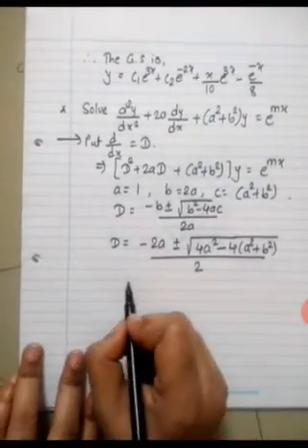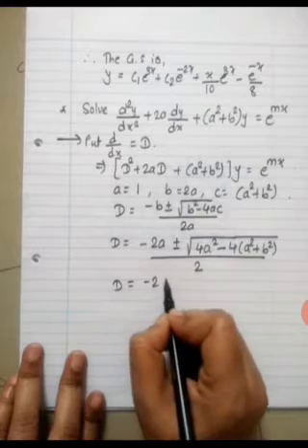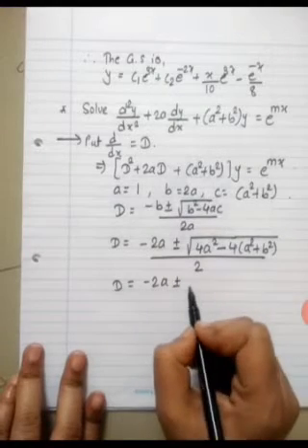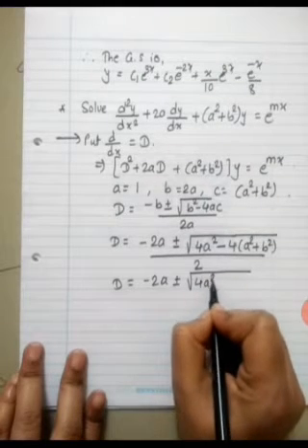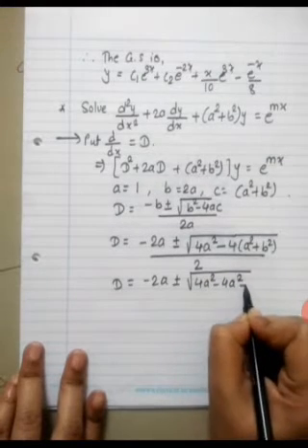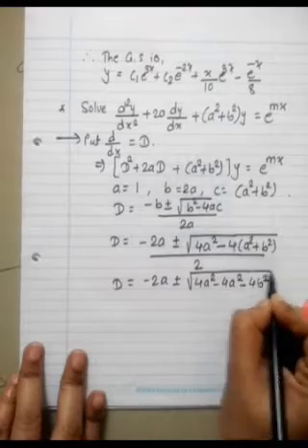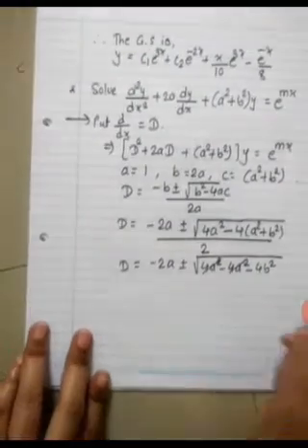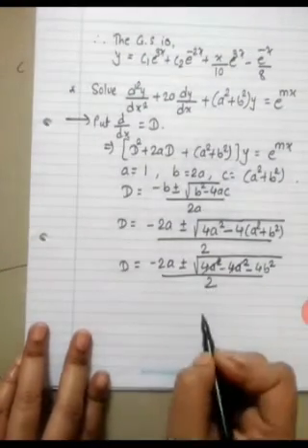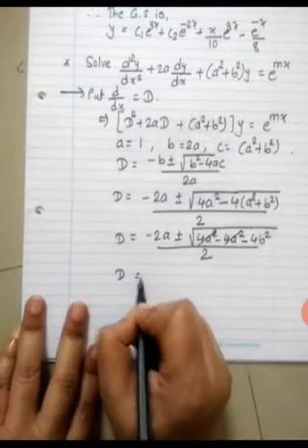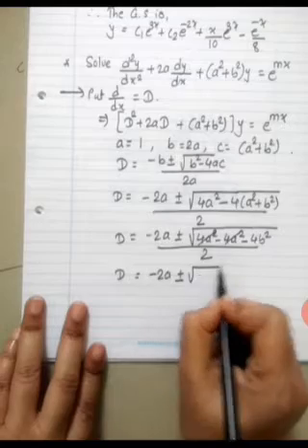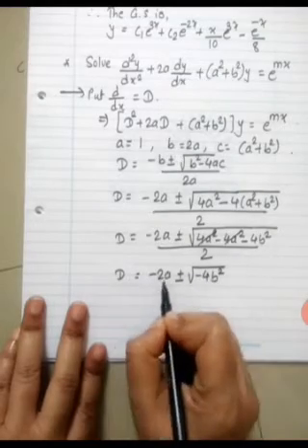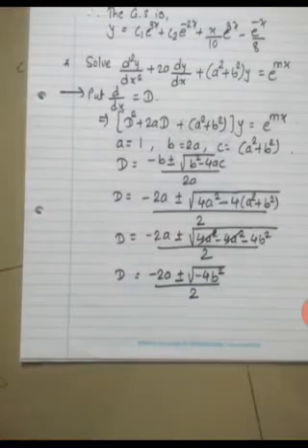That is equal to minus 2A plus minus square root 4A square minus 4A square minus 4B square. These two cancel, upon 2. So D is minus 2A plus minus square root minus 4B square upon 2.